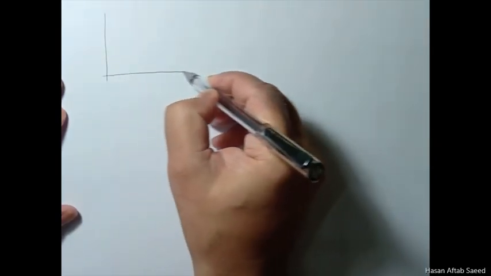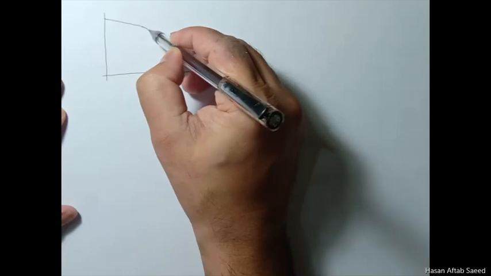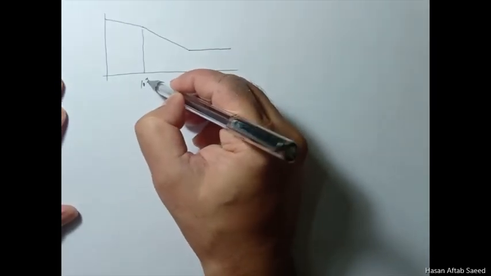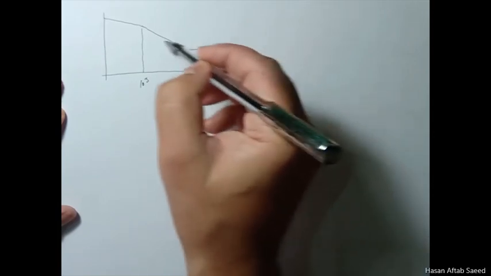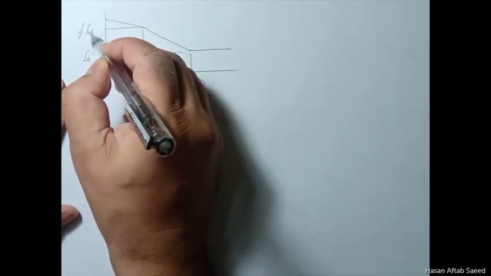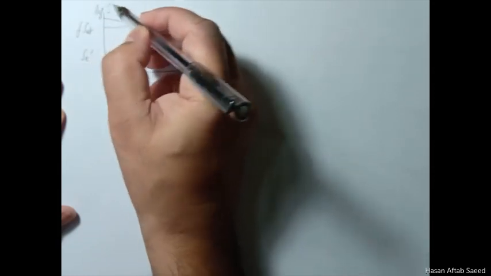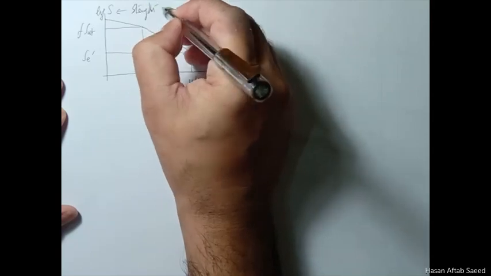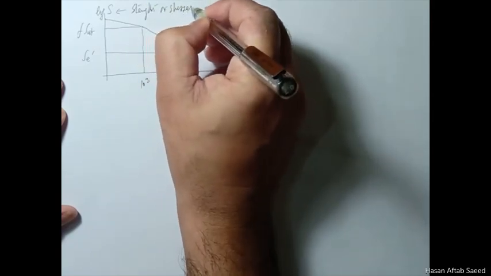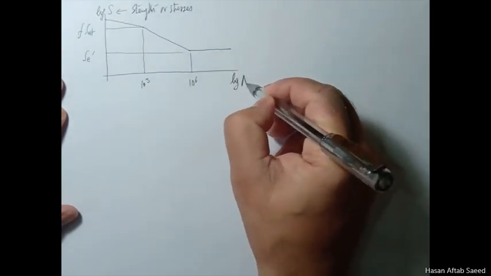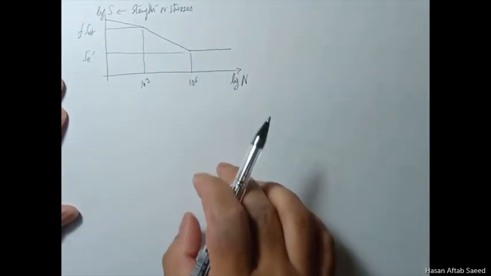So we are talking again about this region, 10 raised to power 3, and we are talking about steel here. This is log S. Here we plot strengths or stresses, both in log, and here we have log of number of cycles.